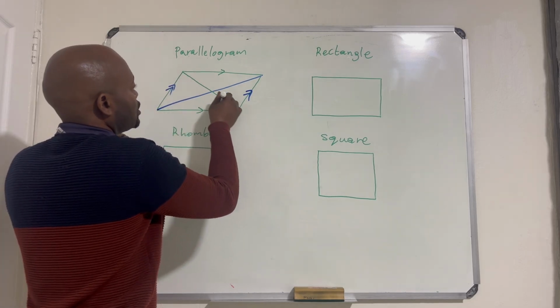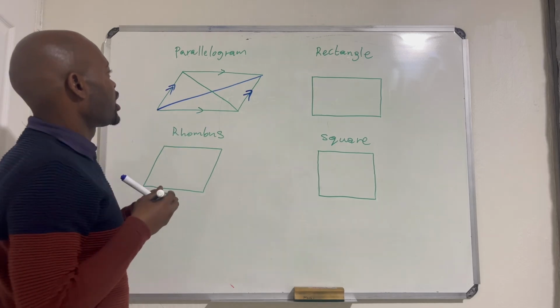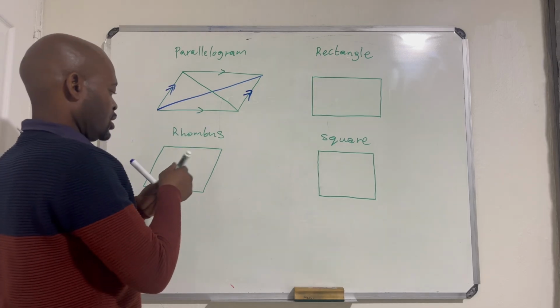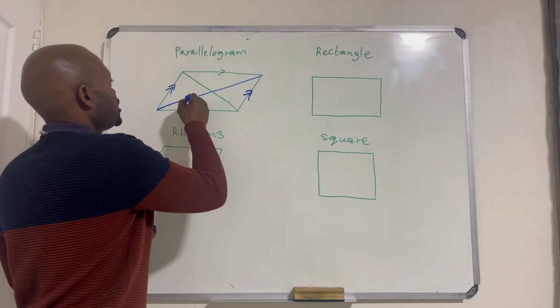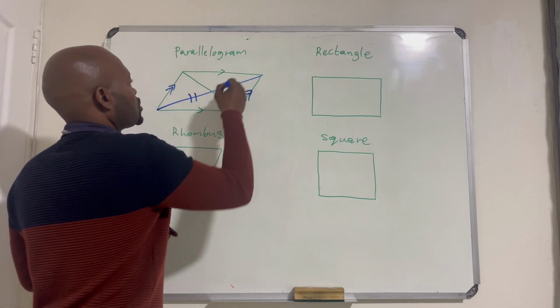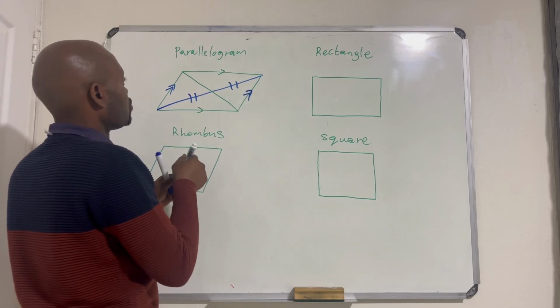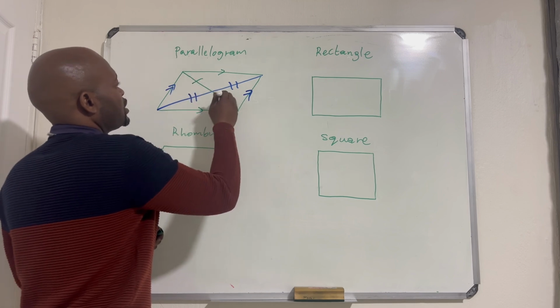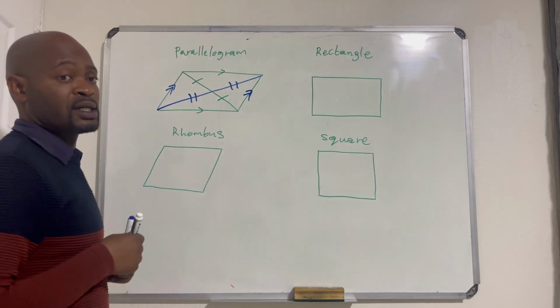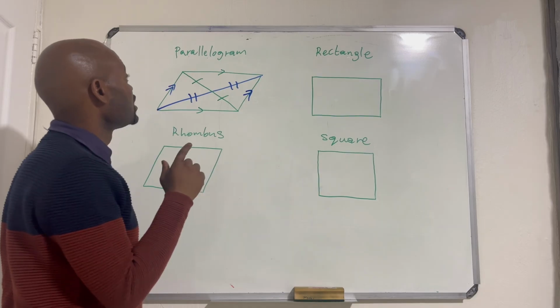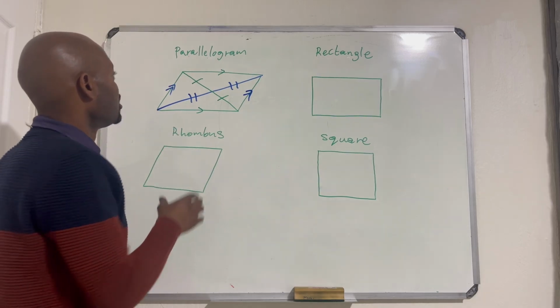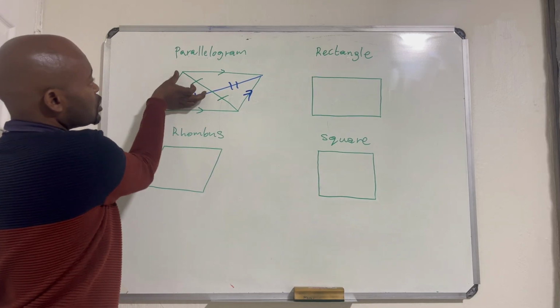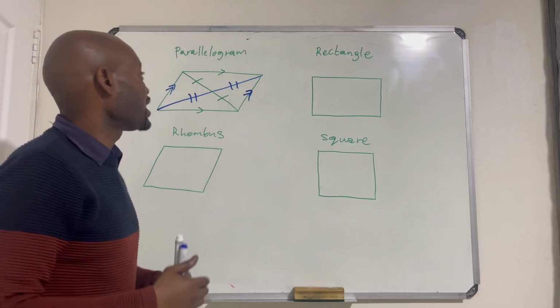Diagonals in a parallelogram bisect each other. This means that this side is equal to that side, and this side is equal to that side. They bisect each other, but not equally, because this is not equal to that, but they bisect each other.